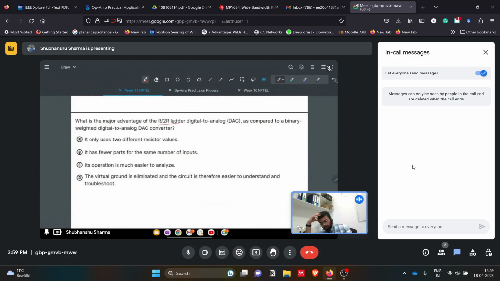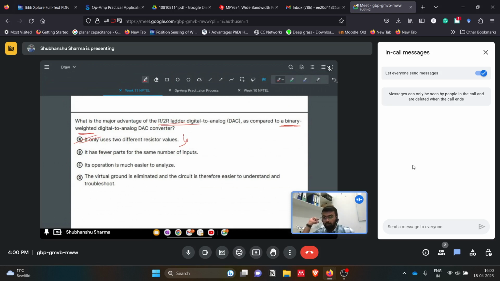So we have seen in R2R as compared to binary weighted, they use only two resistors. So what is happening because of this? Since many resistors are used in the binary weighted one, these resistors have tolerances in the practical world. It will create issues when we realize our DAC using multiple values of resistances, because each one will have its own tolerance and we cannot get a precise solution from that.